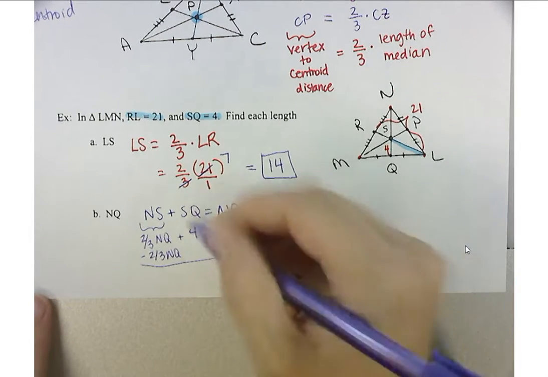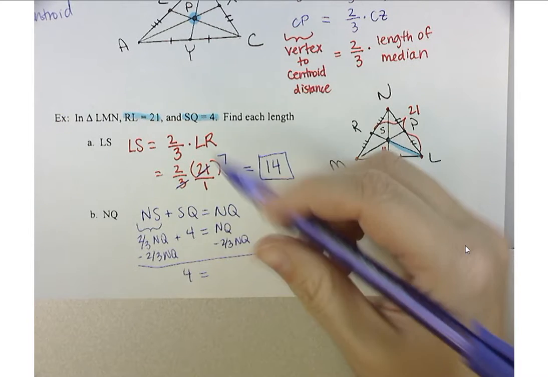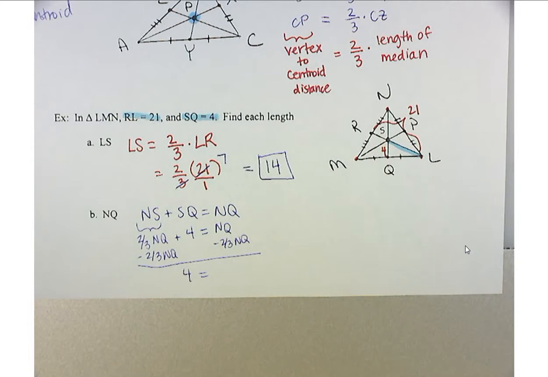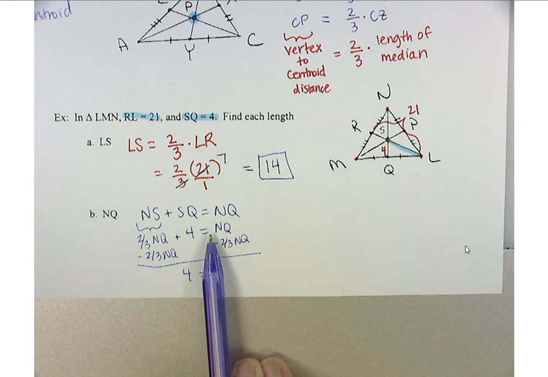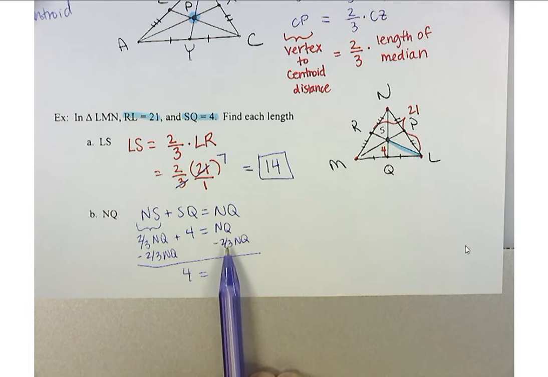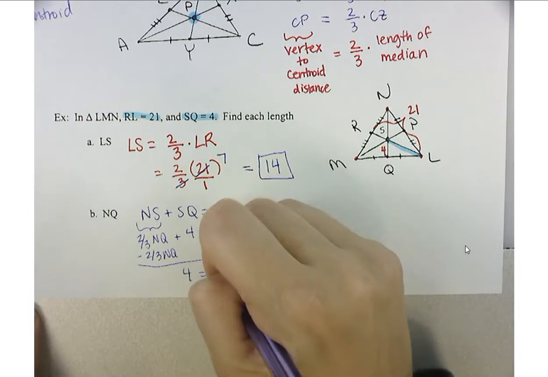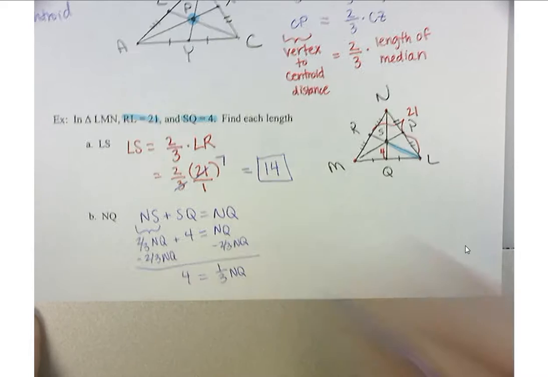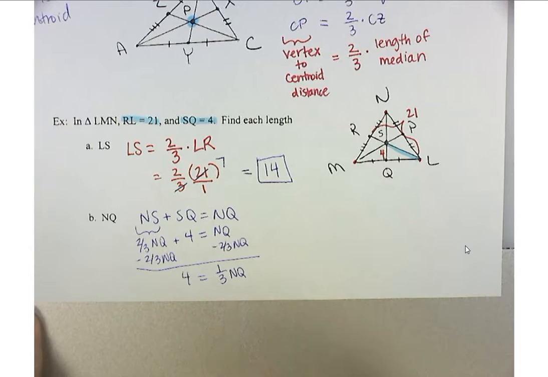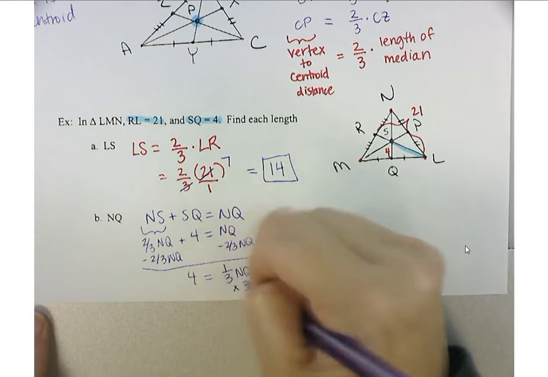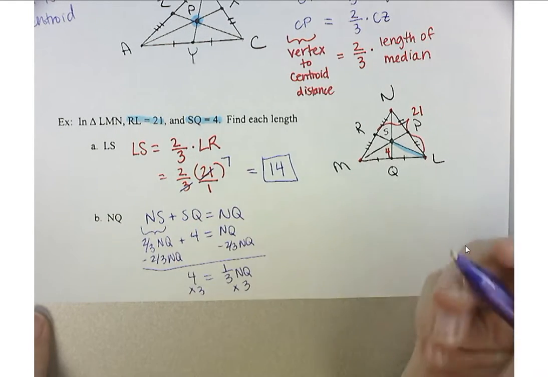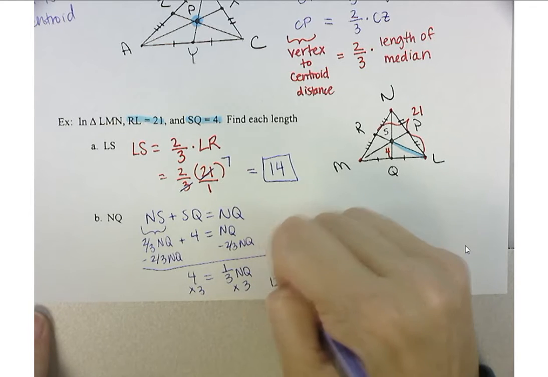And you kind of treat it just like an X, right? What's the number in front of NQ? Negative 2/3. Sorry, the first one. 1, right? So it's really like you're taking 1 NQ and you're subtracting 2/3 of it, and how many's left? 1/3. So then if you were going to solve this, you would just multiply both sides by 3, and you'd have 12 equals NQ.